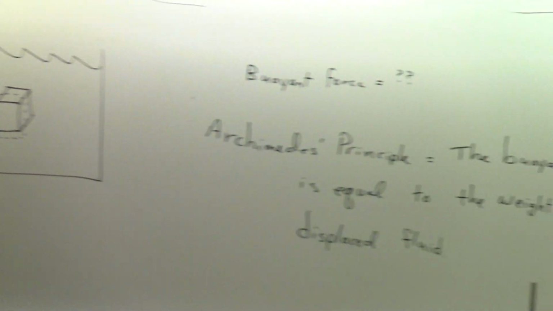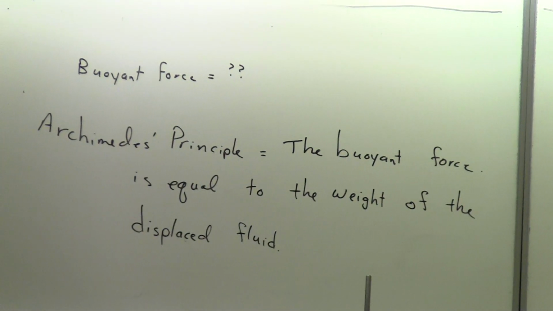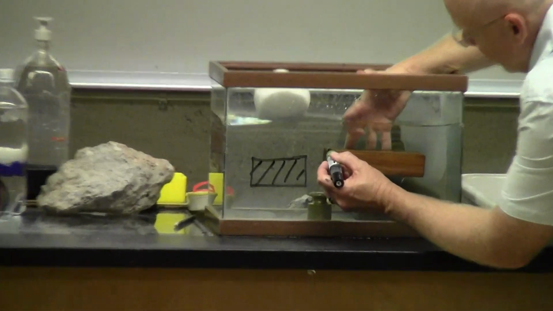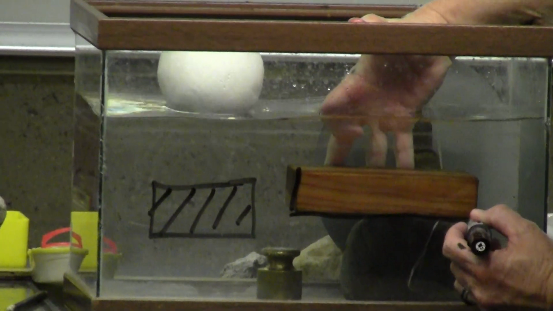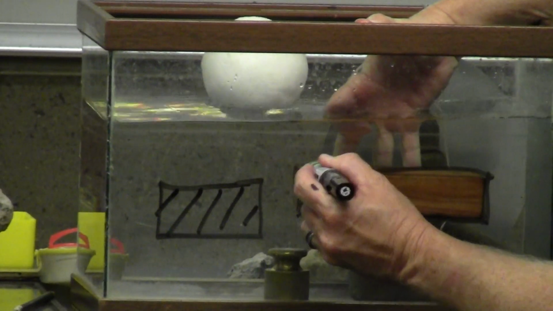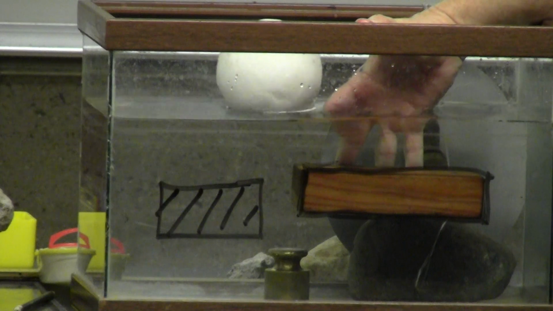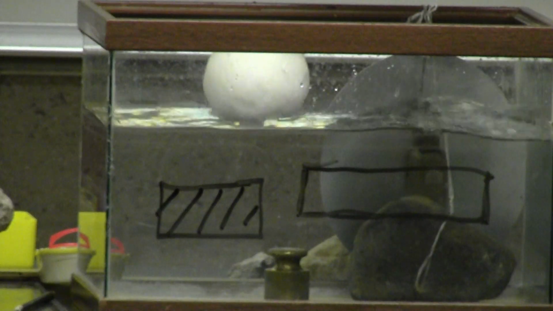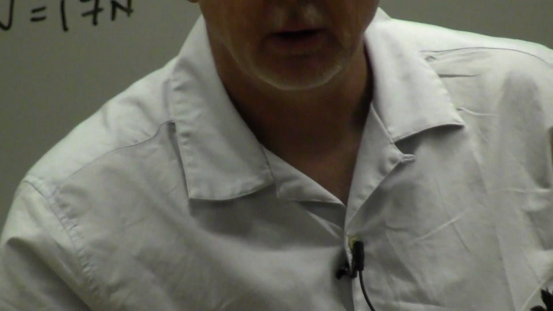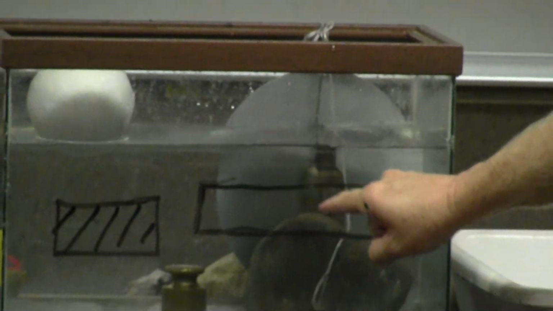And so if I come over here and look at this piece of wood, for example, if I submerge the wood underwater, and if I put a little box so you can see it around this piece of wood, if this piece of wood was made out of water instead of wood, in other words, the fluid that would have been there. See, when I take this away, there's now water there.